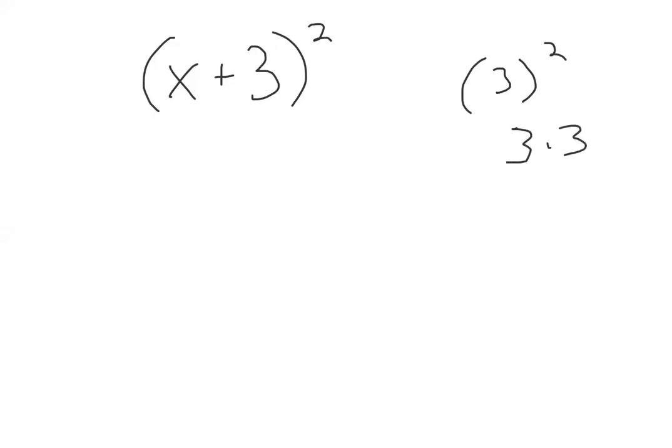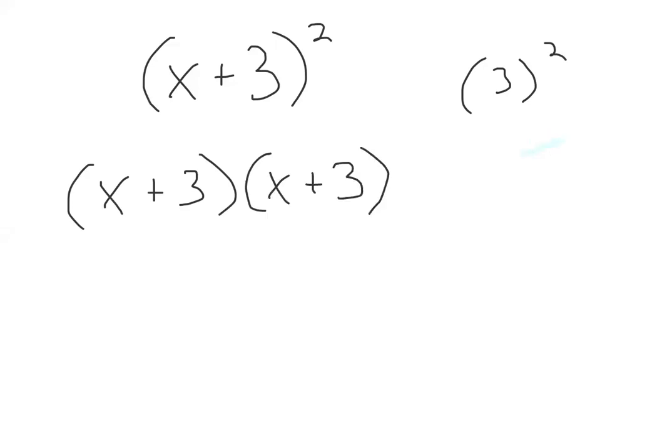So when I square a binomial, it means we go binomial times itself. Now, a lot of students try to go x squared and then 3 squared. No, that means there's 2 binomials multiplying each other. All right, I'm sorry about that.